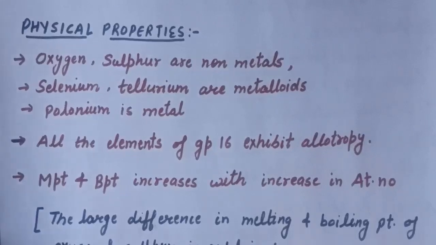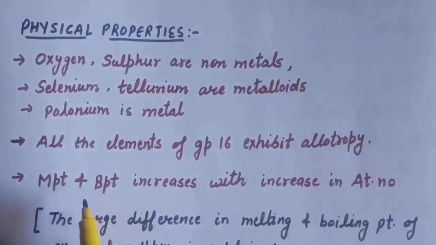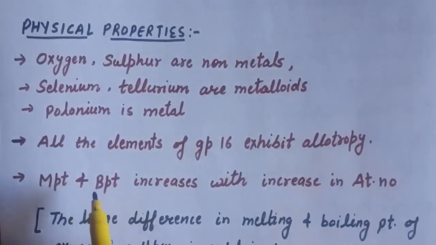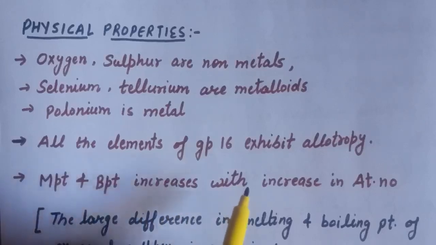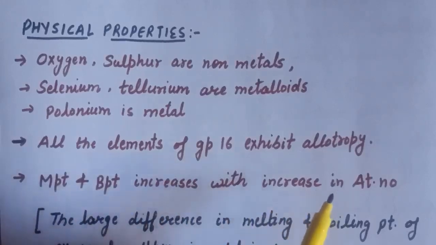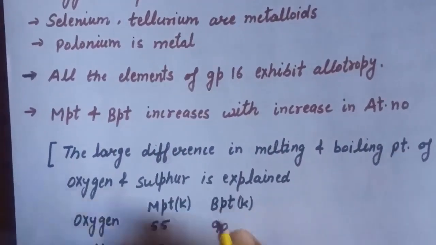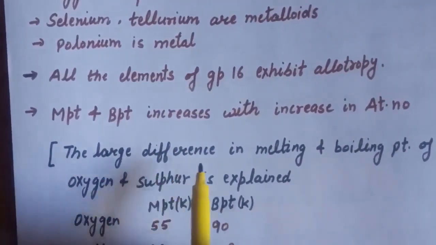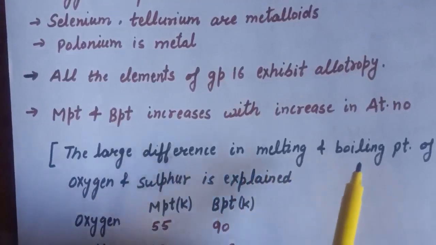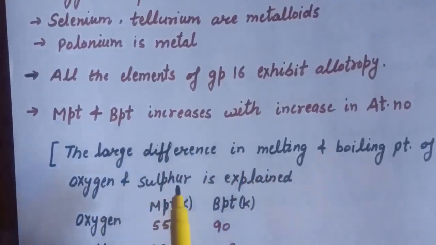Next is melting and boiling point. In group 16, melting and boiling point increases with increase in atomic number. Now, one important point is that there is a large difference in the melting and boiling point of oxygen and sulfur, and the reason is explained.